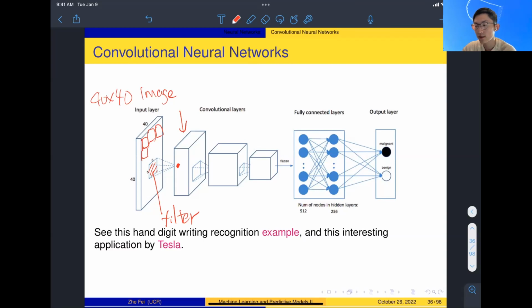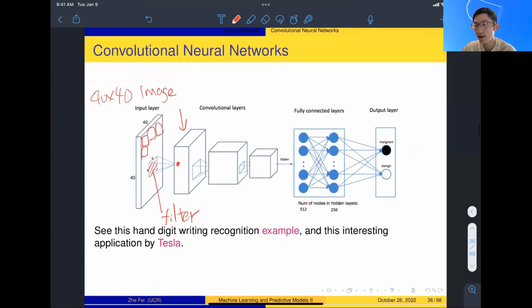That's why the dimension of the convolutional layer is smaller than the original 40 by 40. And we actually allow overlap of the filter as it goes through the whole input. So the dimension of the convolutional layer may be something like 36 by 36, for example, but it is reduced from the original input.